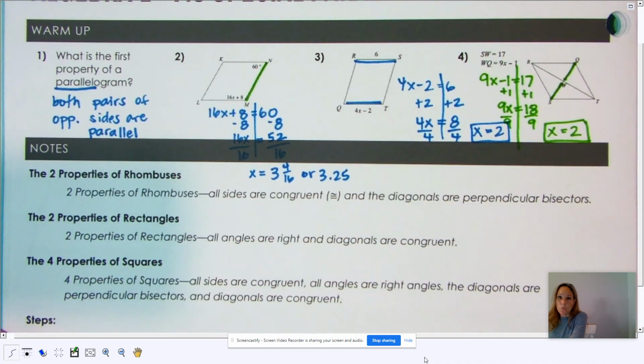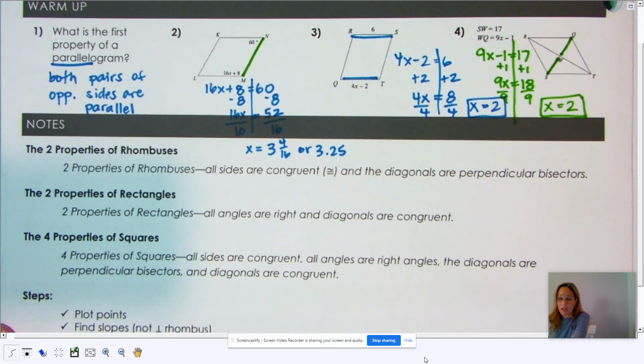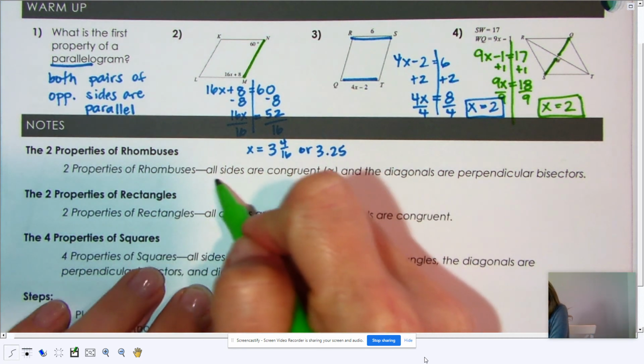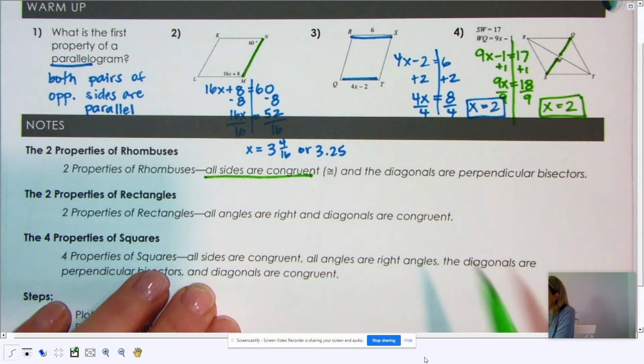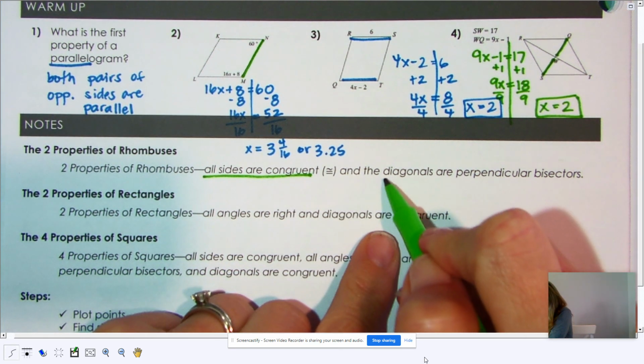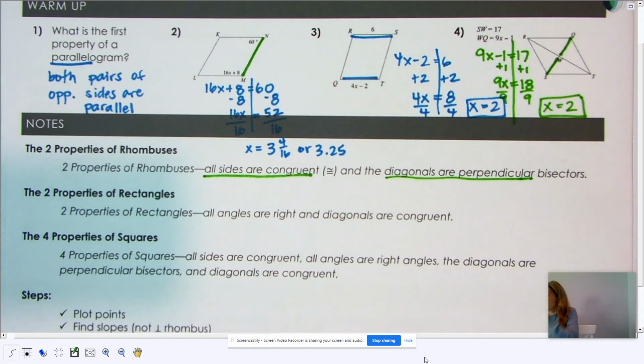Okay, so a rhombus is basically a parallelogram where all the sides are the same. All of the sides are congruent. And we also know that the diagonals not only bisect each other, but they do it at a right angle. So diagonals are perpendicular bisectors.